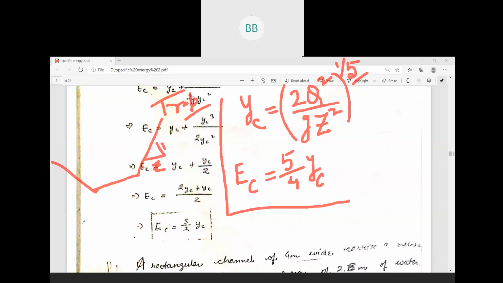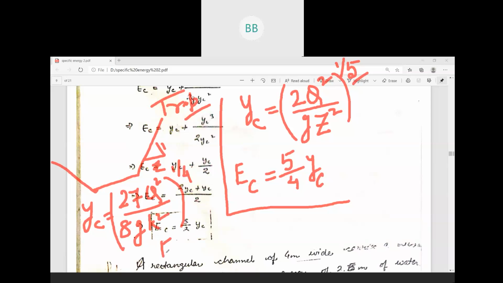Then you write for the parabolic section, YC is equal to 27 q square divided by 8 g k square, to the power 1 by 4, and EC is 4 by 3 YC.